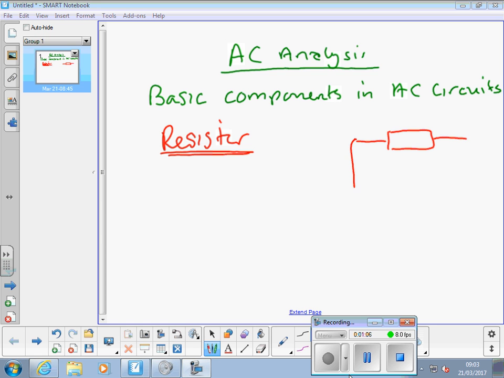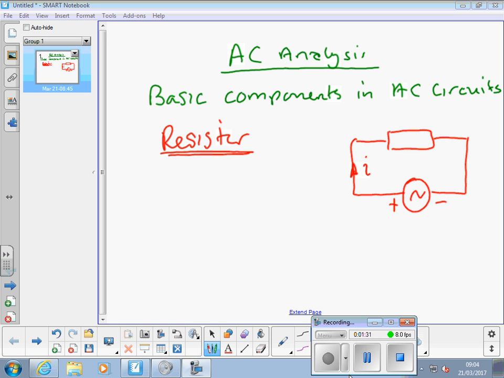So we're talking about a circuit with an AC source, current flowing. I'm using lowercase i to represent the fact that we would need to talk about an instantaneous value that is changing, positive end, negative end of that source.